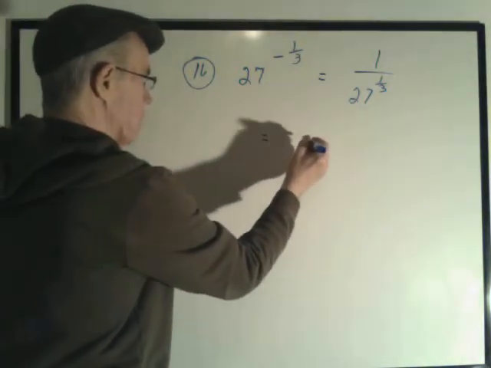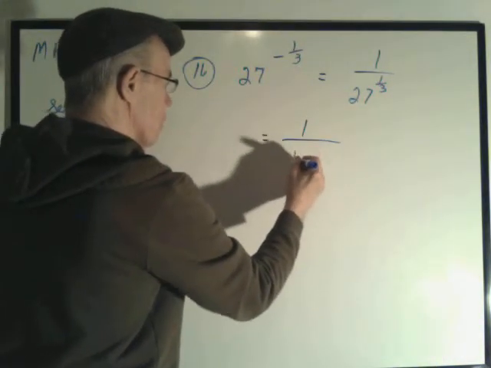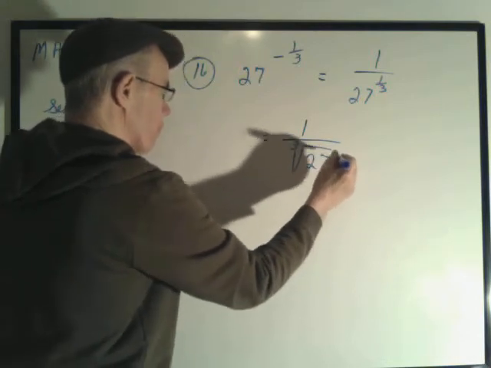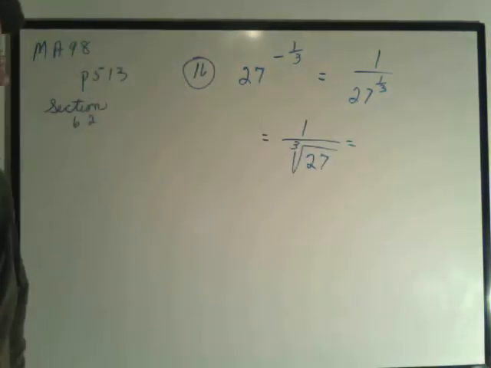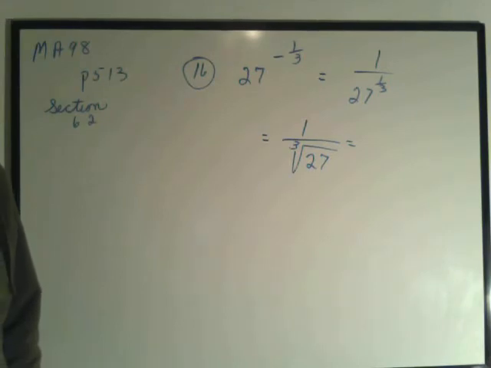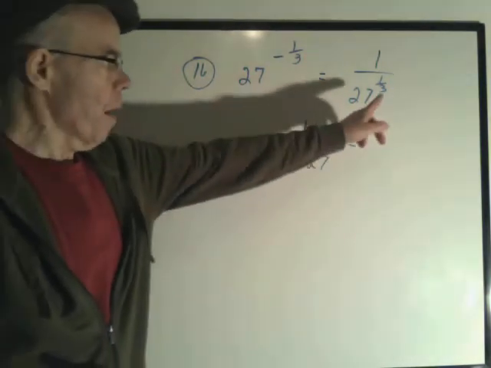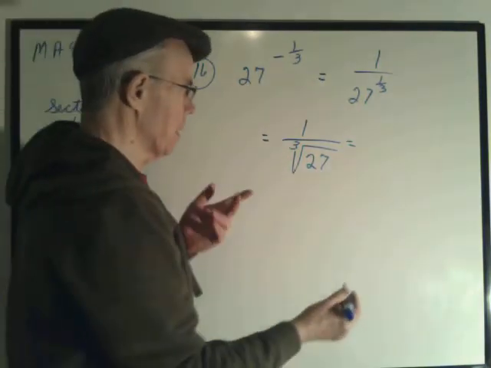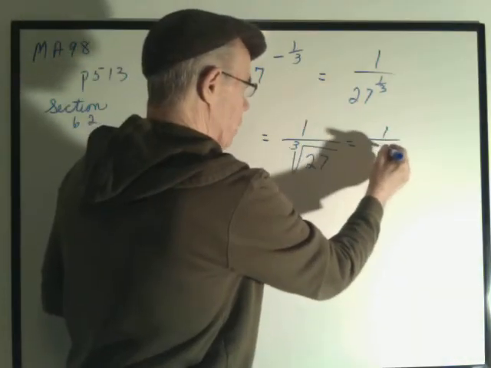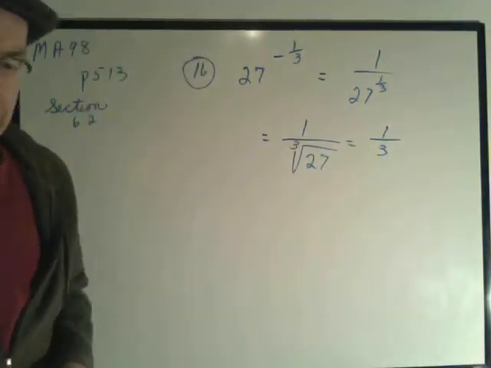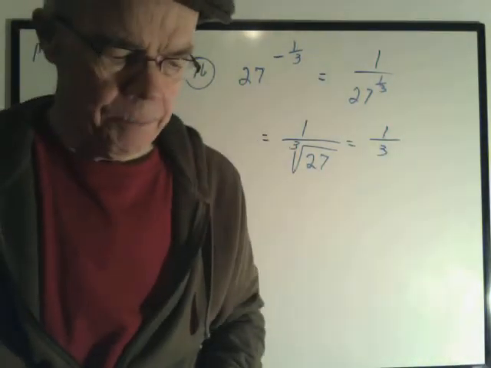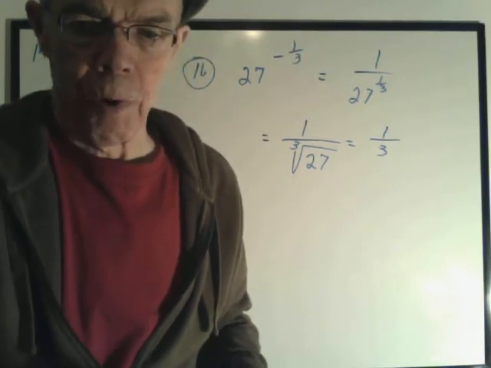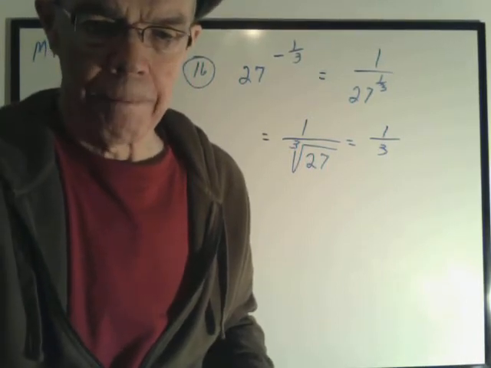So this means 1 over the cube root of 27. Remember, the denominator is the index. So this is going to give you 1/3. Okay, try problem 18. Pause the video, give it a try.